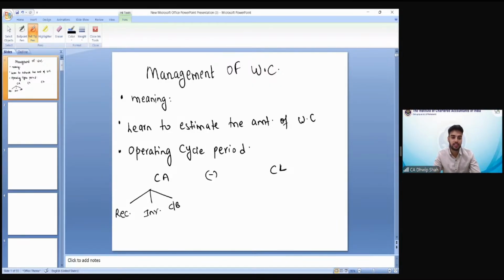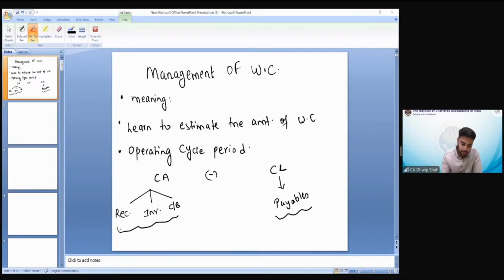So these are the major components of current assets that is usually seen in all the business organizations. Likewise, under current liabilities, you have payables. So management of these subcomponents is equally important. Are you getting this? Management of the subparts of current assets and subcomponents of current liabilities is equally important.